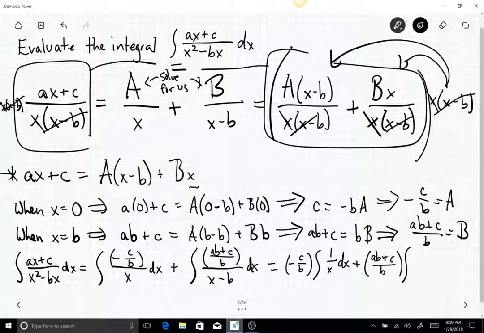So I'm going to ask real quick, what is the antiderivative of 1 over x dx? You can just type it in the chat box if you know the answer.